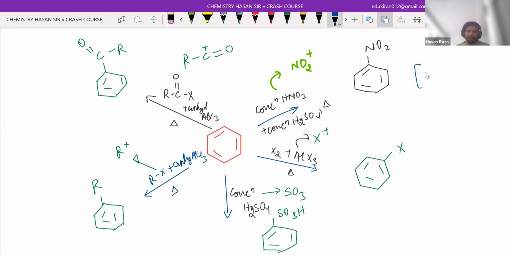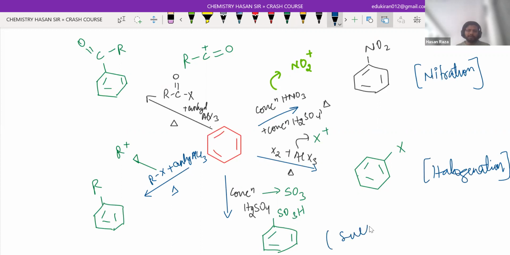So this reaction, you have heard about this. This is your nitration. Since we are adding X, this is your halogenation. Since we are adding SO3H, sulfonic acid, this is your sulfonation. Since we are adding R, this is your Friedel-Crafts alkylation, named after the scientists Friedel and Crafts.